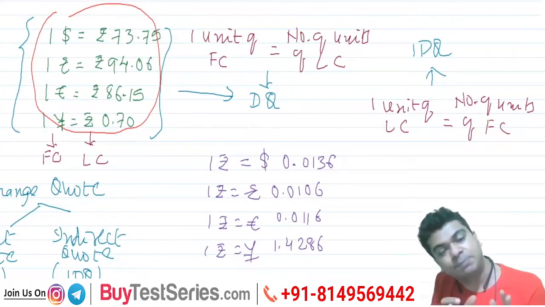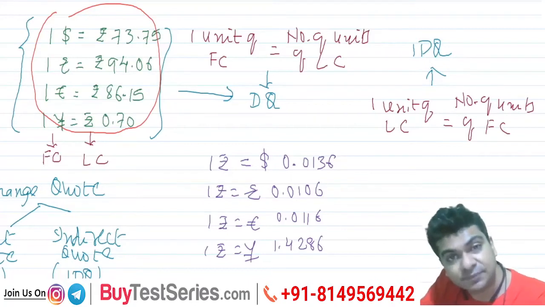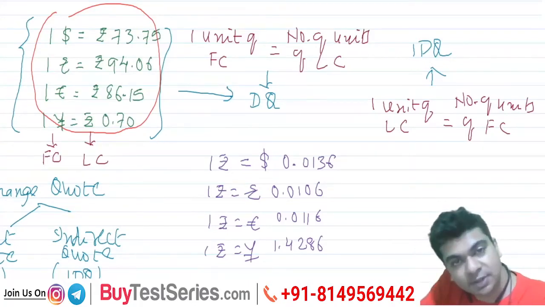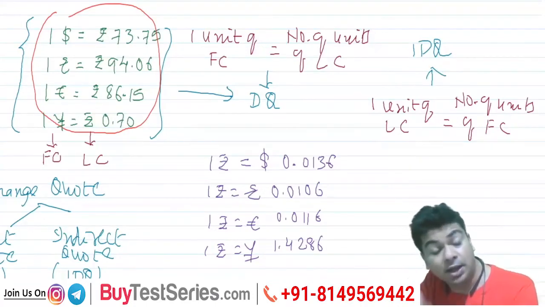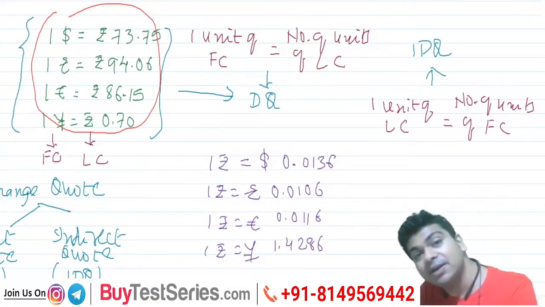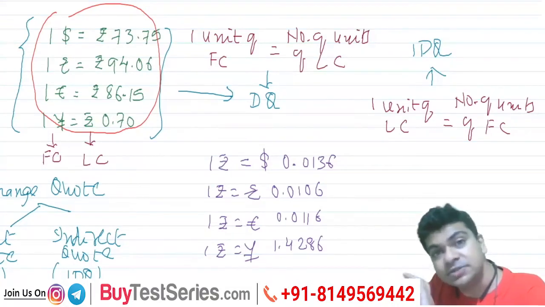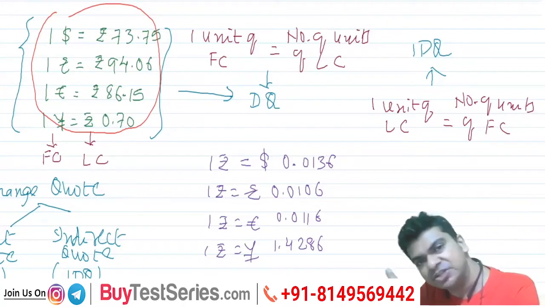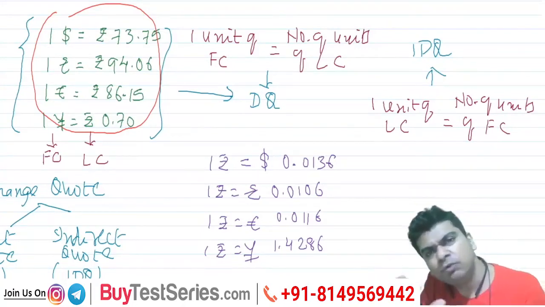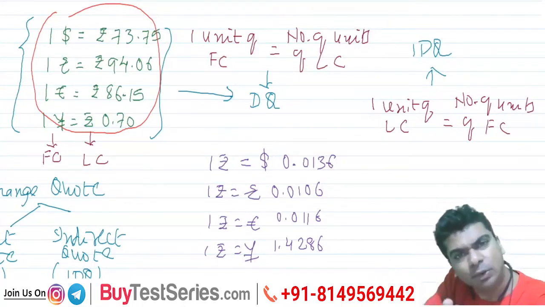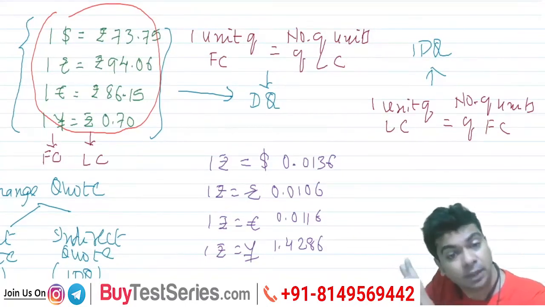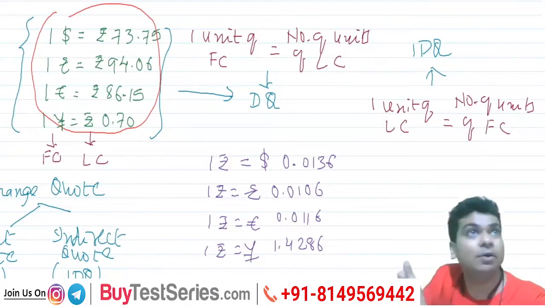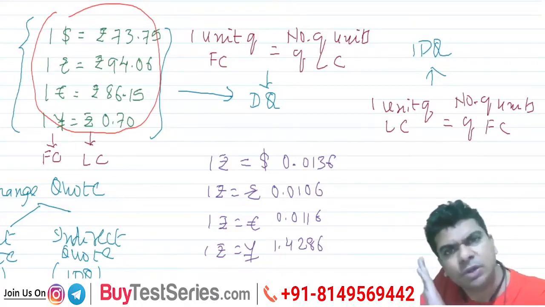So instead of expressing our currency in decimals, see, if an indirect quote is there, what will happen? For example, if I ask you what the rate is between the Indian rupee and the dollar, maybe you don't have much idea, but you would say it is around 70 rupees, or maybe around 72 rupees. No one will say that the Indian rupee dollar rate must be 0.0 something.